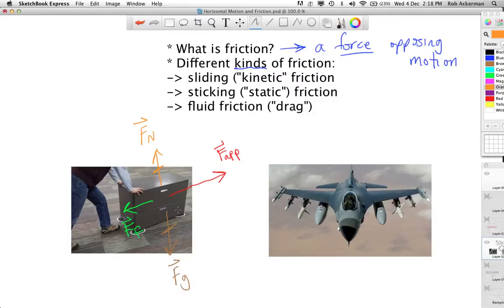The object is sliding across the floor, and therefore we call this a sort of sliding friction. I've written that here as sliding friction, but in physics language, we call that kinetic friction. So you'll see F_f with a little subscript k for kinetic.